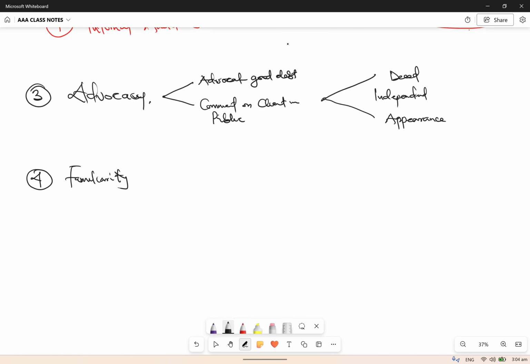Once you see that so many years, it is an issue of familiarity. So it is long service, family relations, all these things are familiarity.